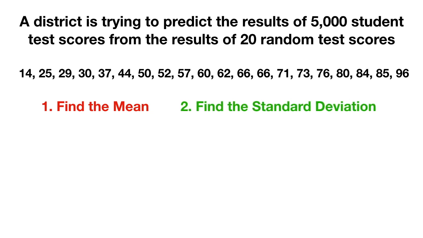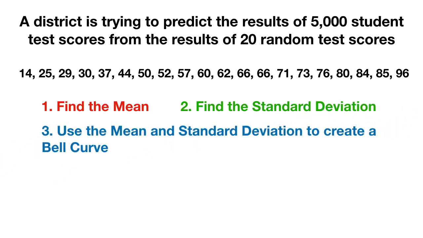And you can find the standard deviation and the mean by hand if you would like, or you could use the Desmos calculators. It doesn't matter. As long as you have the two, that's all you need. And then the third thing you're going to do is you're going to use the mean and standard deviation to create a bell curve graph. And then once you have your bell curve, what you're going to do is you're going to answer two types of questions.